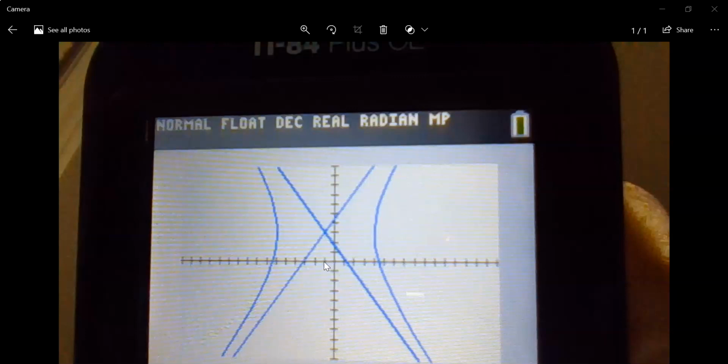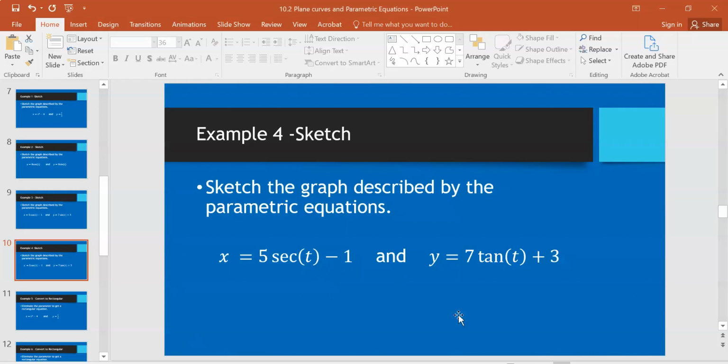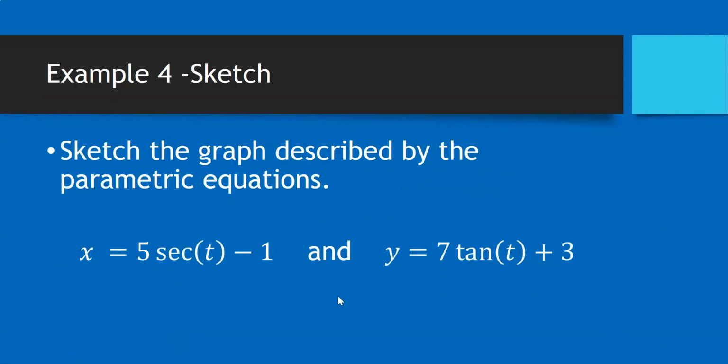And if you notice once again, it is centered at -1, 3. That's precisely because we did 5 secant t minus 1, so that gave us the move of -1 from the origin, and 7 tangent t plus 3, so that meant my center had to move 3 units up from the origin. Okay, so that's how to sketch parametric equations. We'll stop this video there.